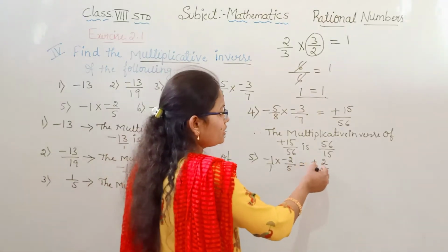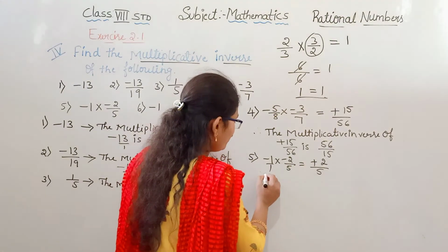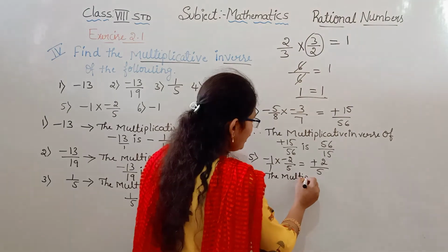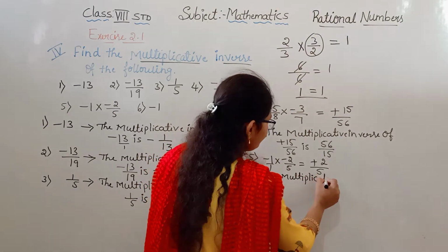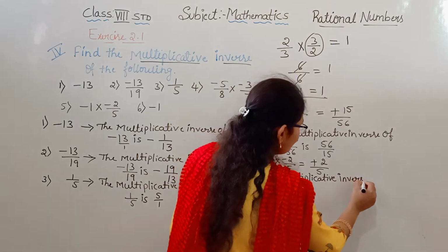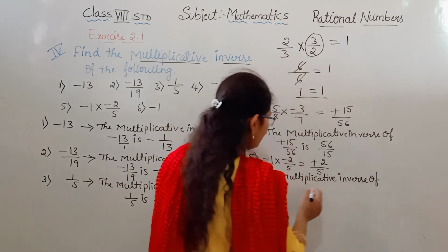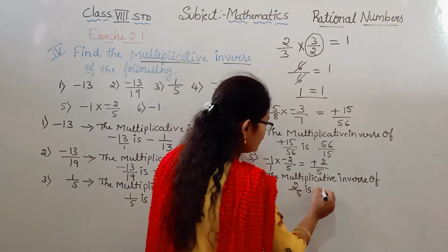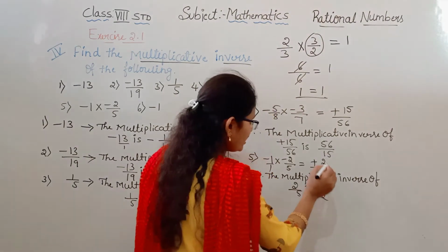So what you will get is 2 by 5. Therefore the multiplicative inverse of 2 by 5 is 5 by 2.